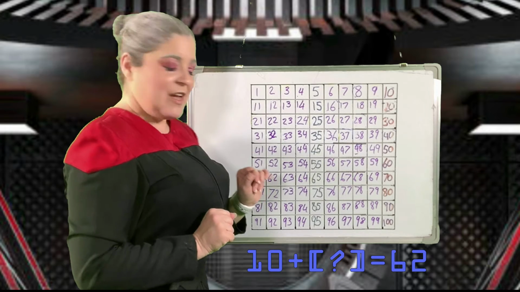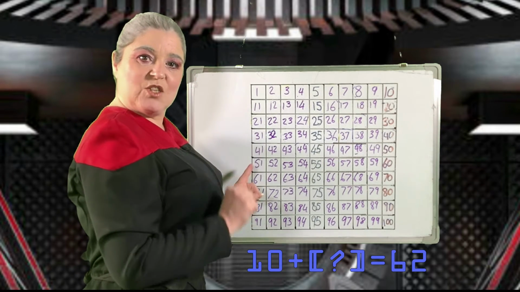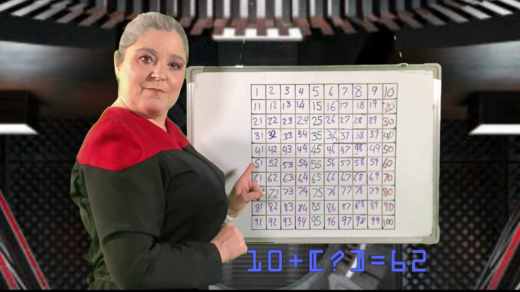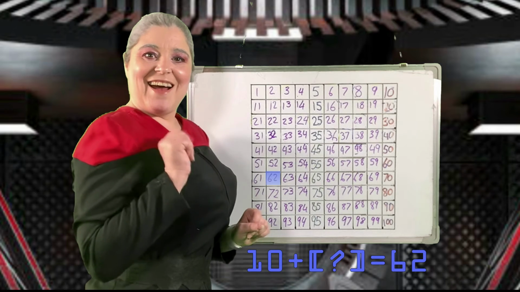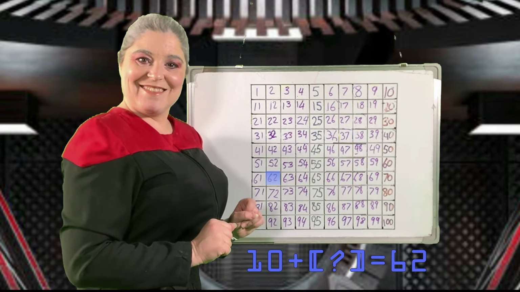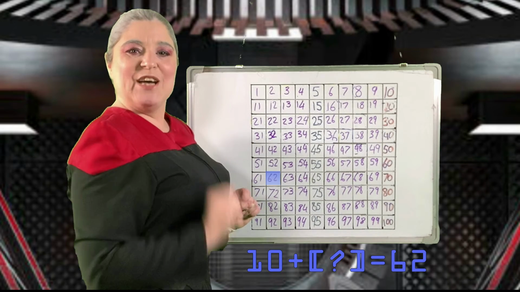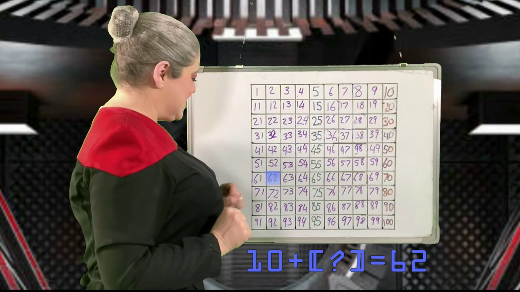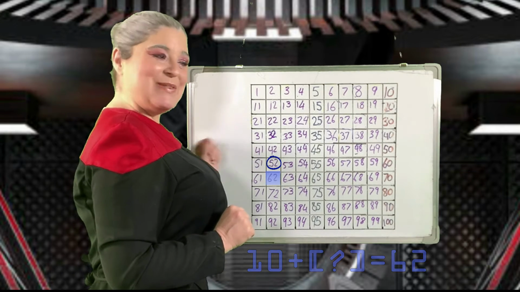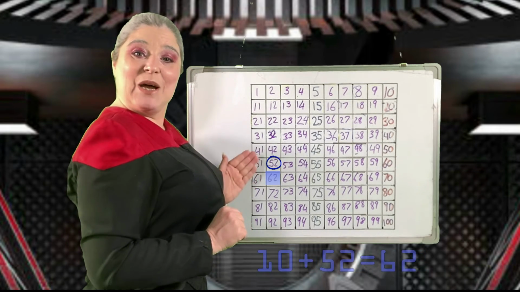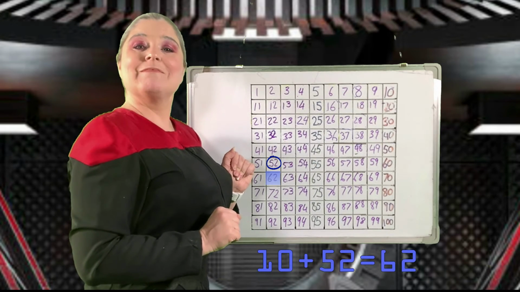Yes, we do. So, mark the 62 on your number square. And now we're moving up the number square. How many spaces? That's right, there's only one 10, so we move up one space, from 62 to 52. 10 plus 52 is 62.